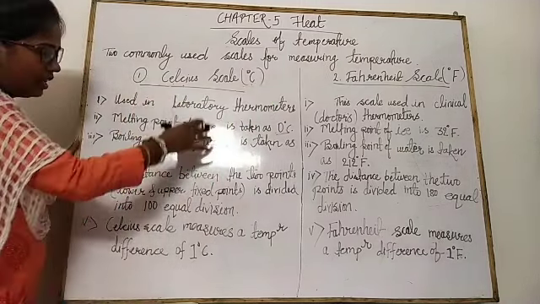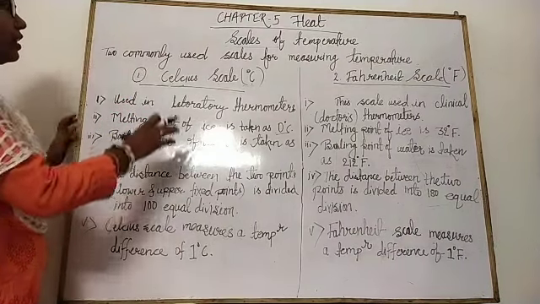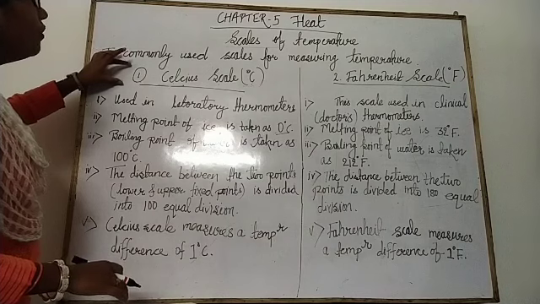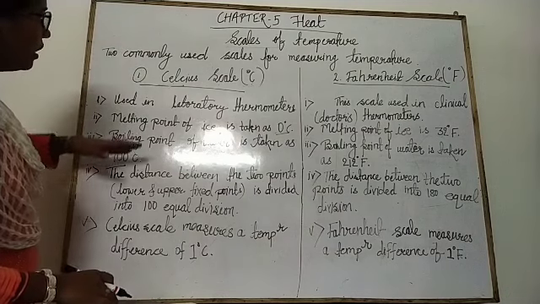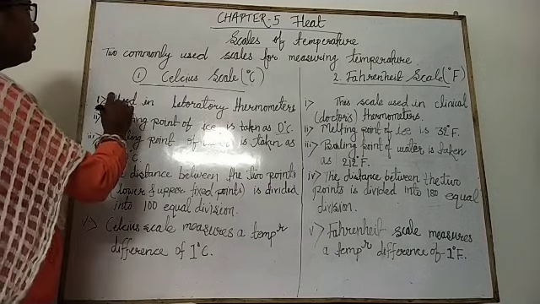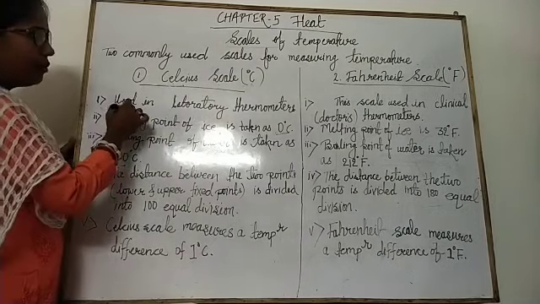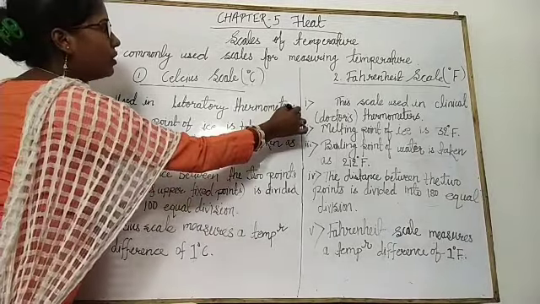Firstly I will explain about this Celsius scale: what are its characteristics and which type of temperature we measure with it. First, the Celsius scale is commonly used in the laboratory thermometer.